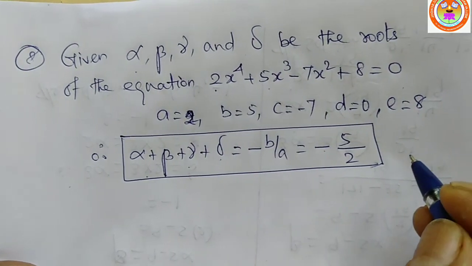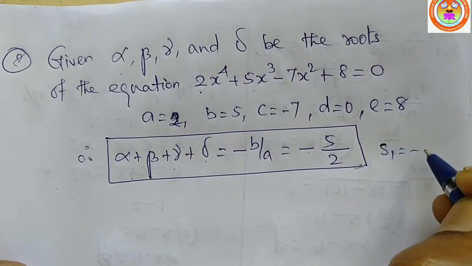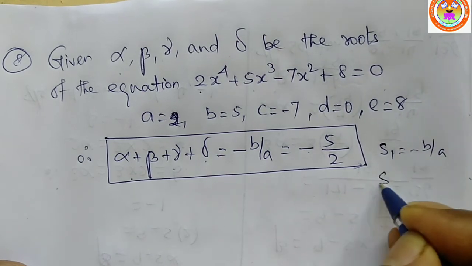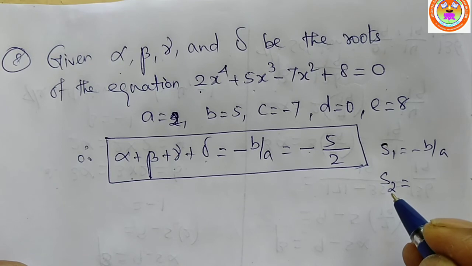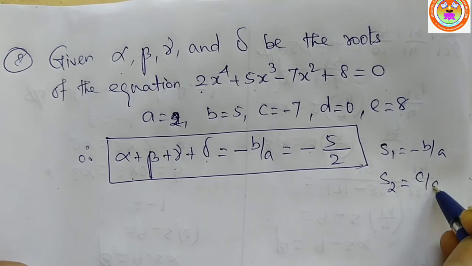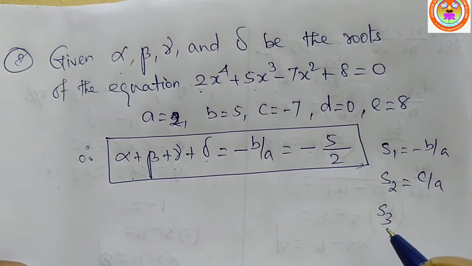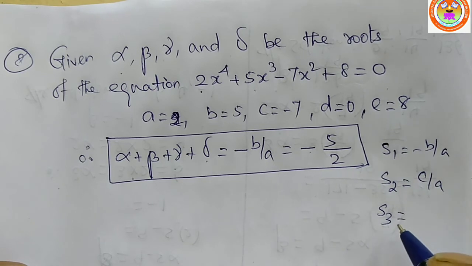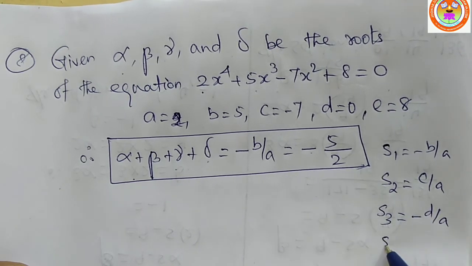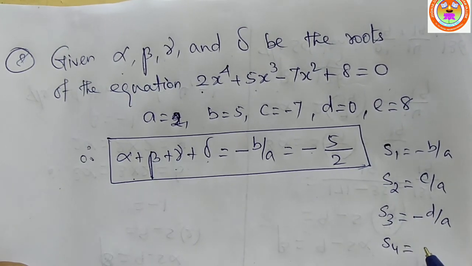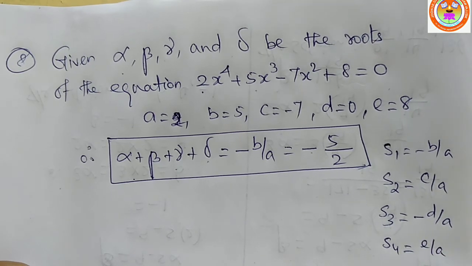We know very well S1 is equal to minus b by a. S2 means the sum of product of the roots taken 2 at a time, that is c by a. S3 means sum of product of the roots taken 3 at a time, that is minus d by a. And S4 means the product of the roots, that is e by a.